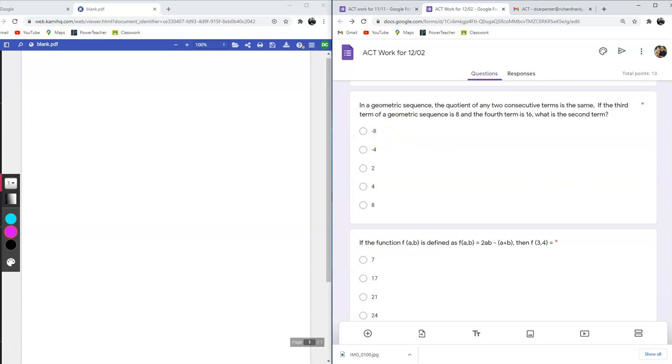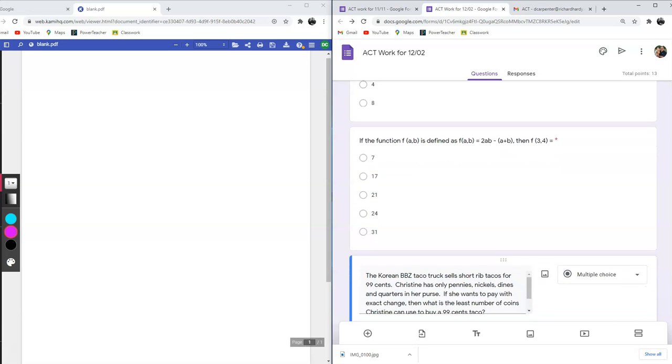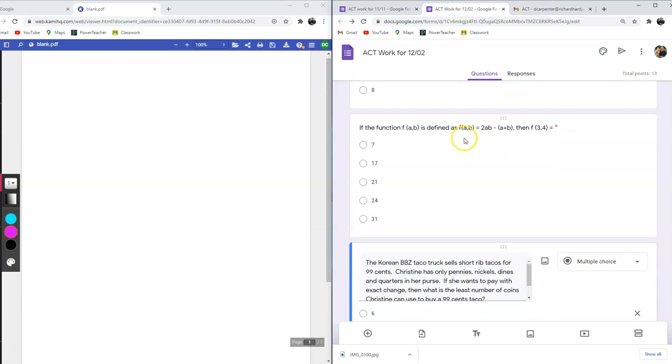All right. Question 2. We have this function f(a, b) where a is 3 and b is 4. That's what all of this means. If the function f(a, b) is defined as f(a, b) equals 2ab minus a plus b, so if I plug in a 3 here, a 4 there, 3 times 4 is 12, times 2 is 24.